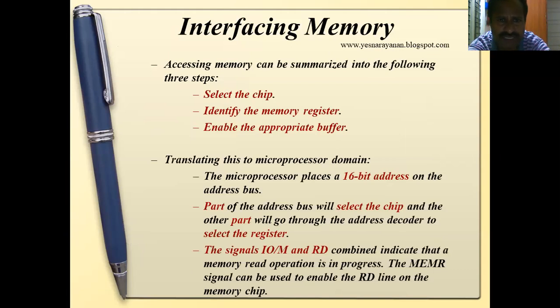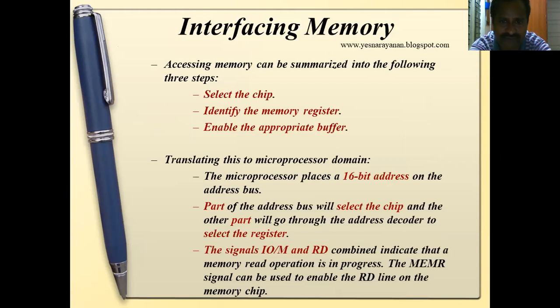Accessing memory can be summarized into the following three steps. Select the chip, identify the memory register, enable the appropriate buffer. Translating this to the microprocessor domain, the microprocessor places a 16-bit address on the address bus.